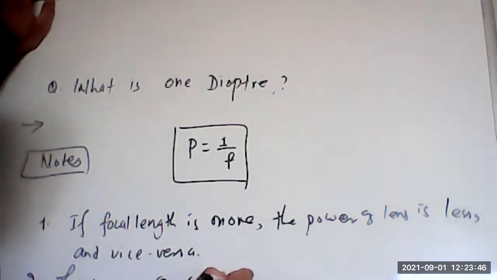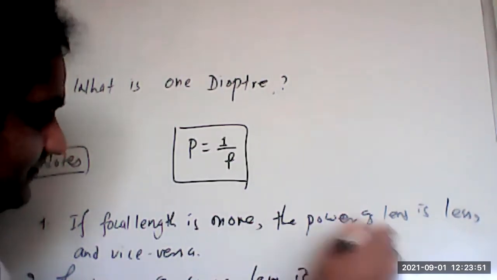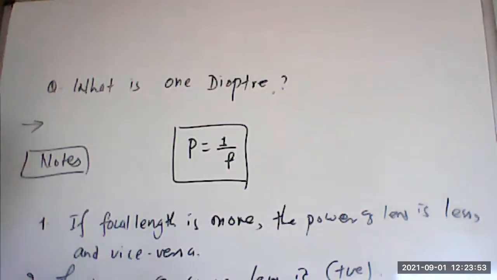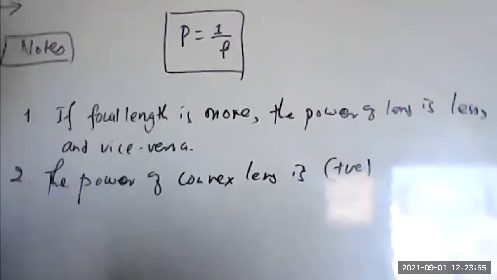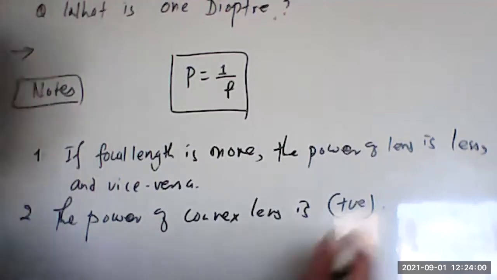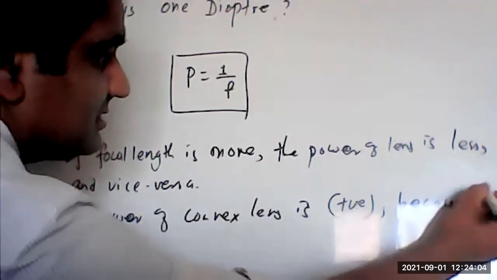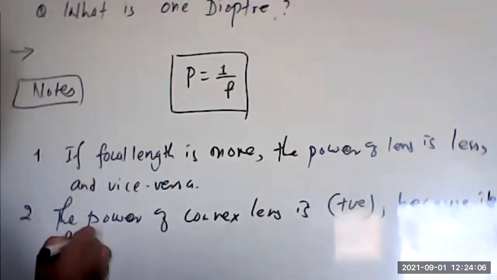Okay. This is finished. The next point is that the power of a convex lens is positive. Why? Because its focal length is positive.